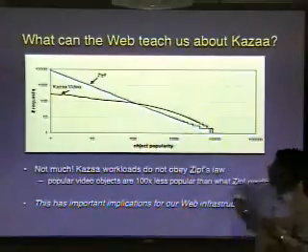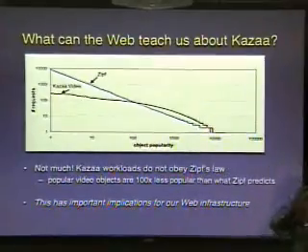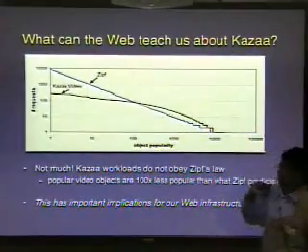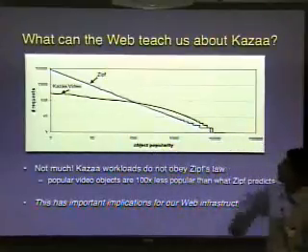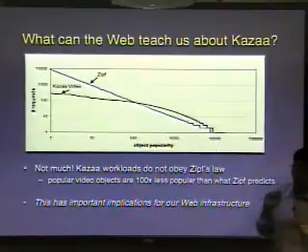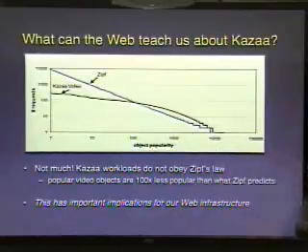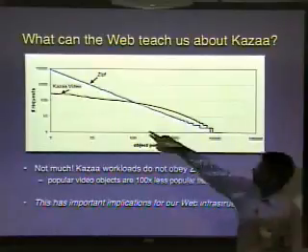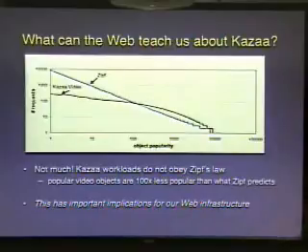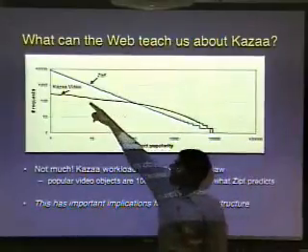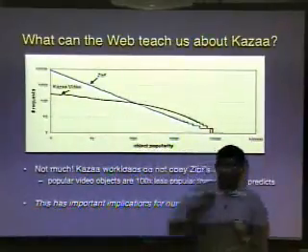Now, this graph here, similar to the one that I've shown you before, x-axis shows objects ordered by their popularity, and y-axis shows the number of requests that go to this object. In green, I show the Kazaa video requests, and in blue, the best fit Zipf distribution for these requests. This graph shows that Kazaa video deviates significantly from the best fit Zipf distribution.